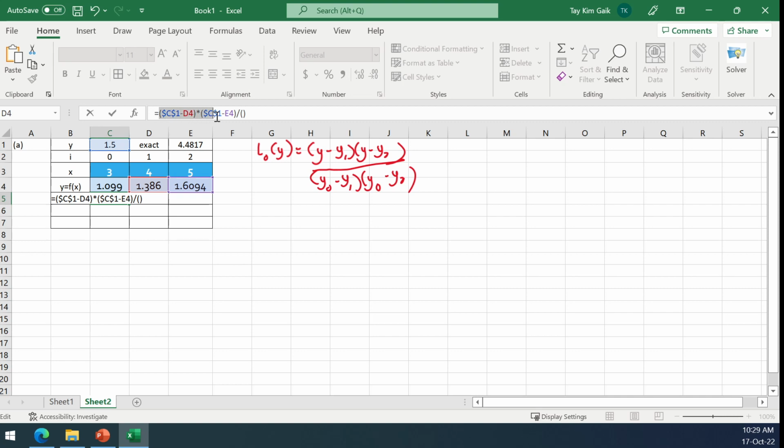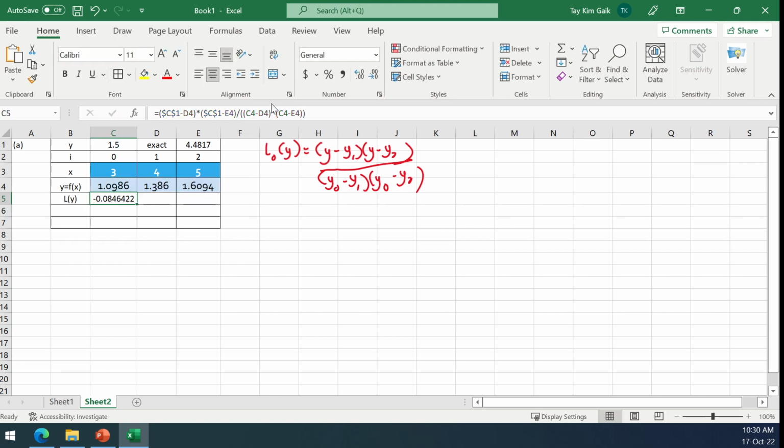Then select your numerator, Control C, put it inside the bracket, Control V. Select the x and change it to y0. Okay, so check the formula.